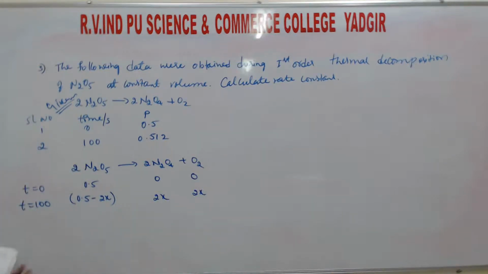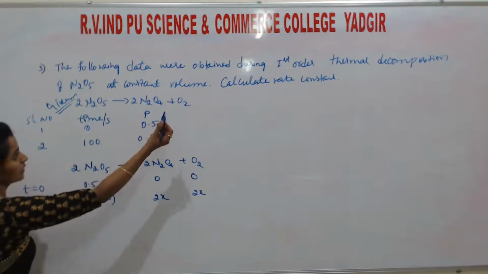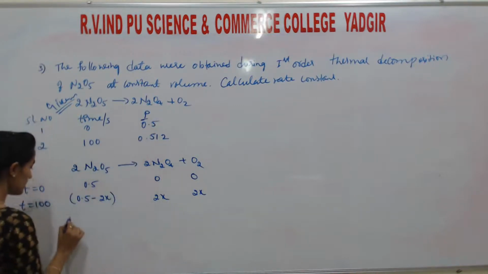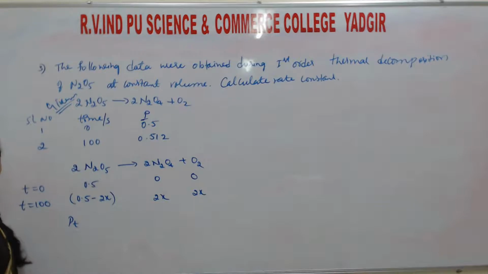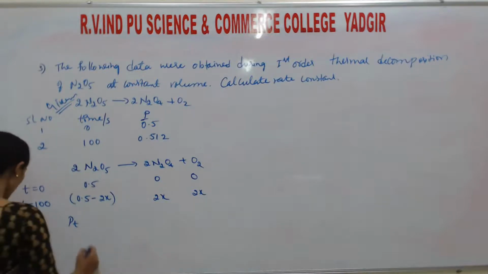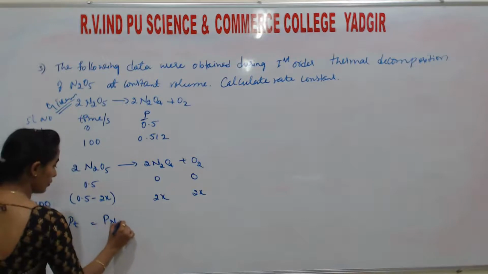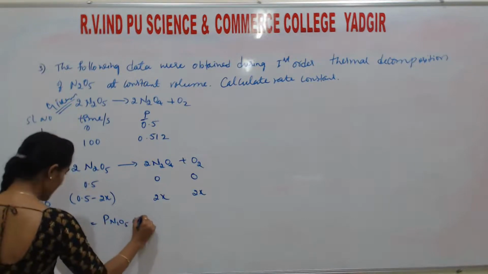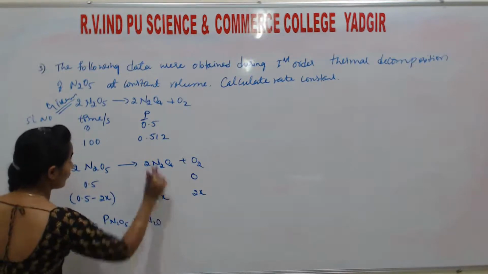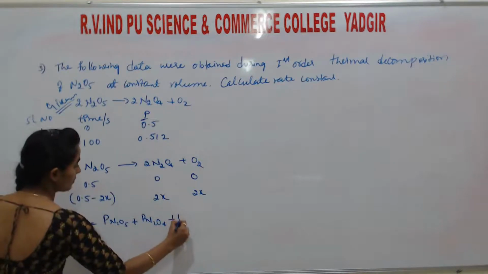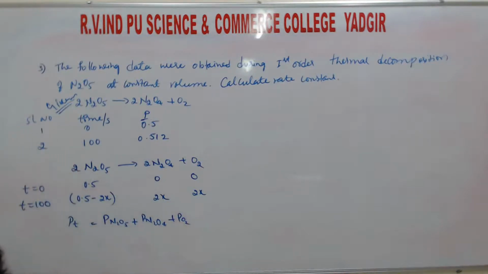Okay, students. So from this we have to take pressure. That is P total. So P total is equal to P of N2O5 plus P of N2O4 plus P of O2. This is the pressure, correct?